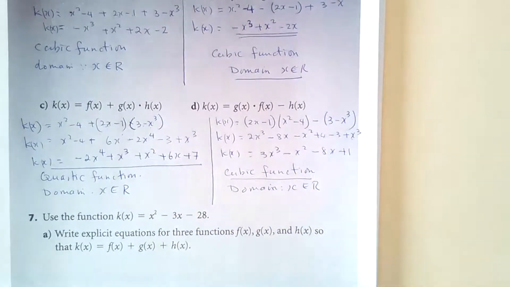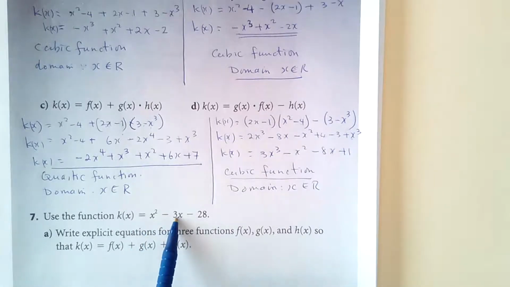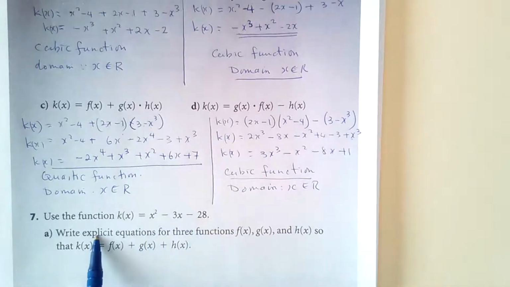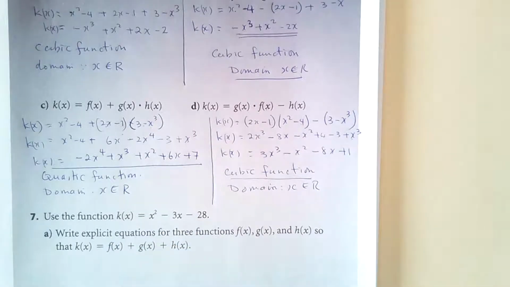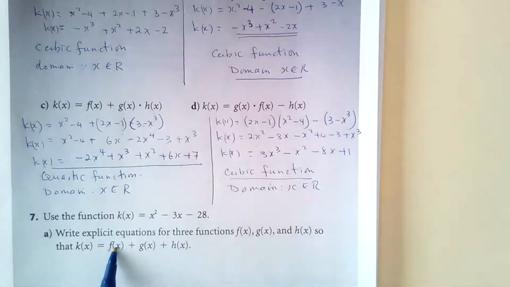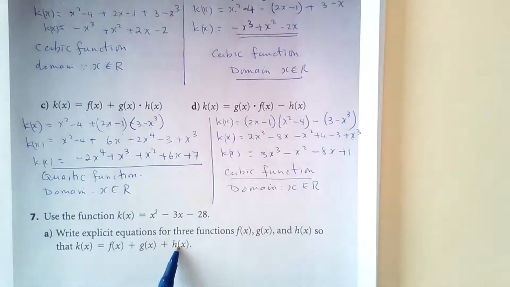Okay, we'll look at question 7. And here we are given the function x squared minus 3x minus 28. Write explicit equations for three functions, f of x, g of x, h of x, so that k of x is equal to f of x plus g of x plus h of x.